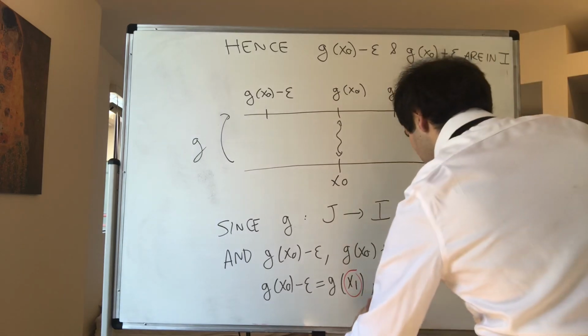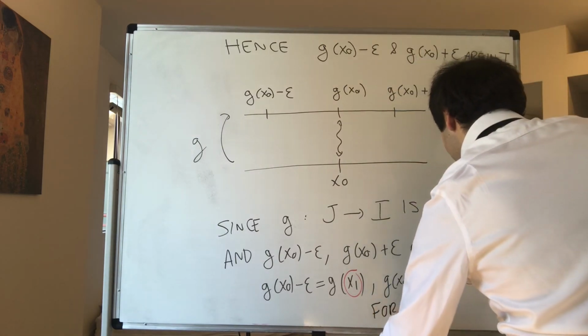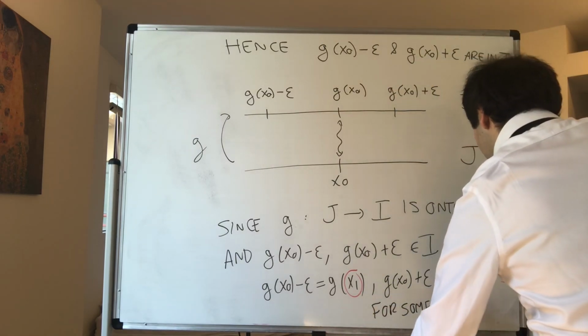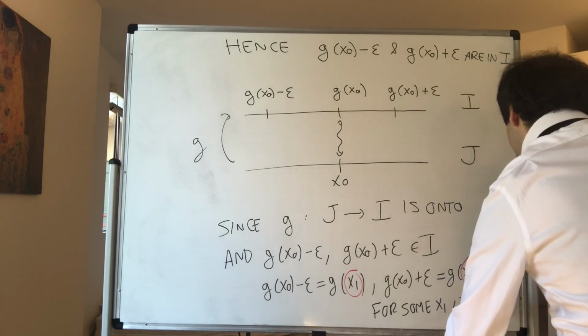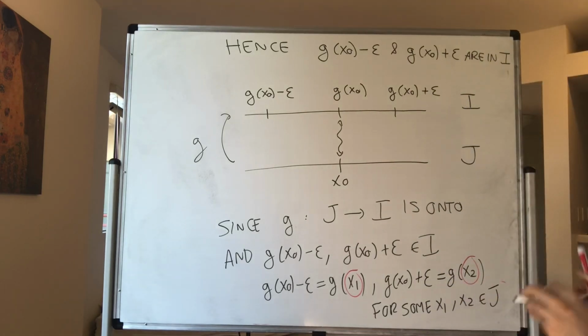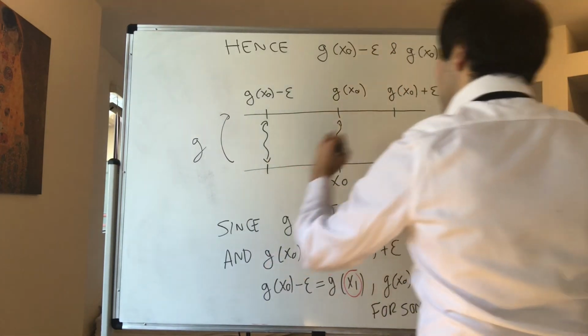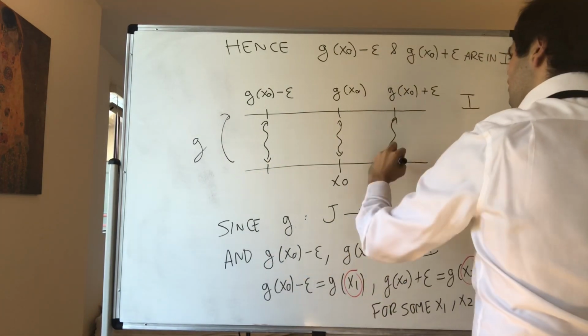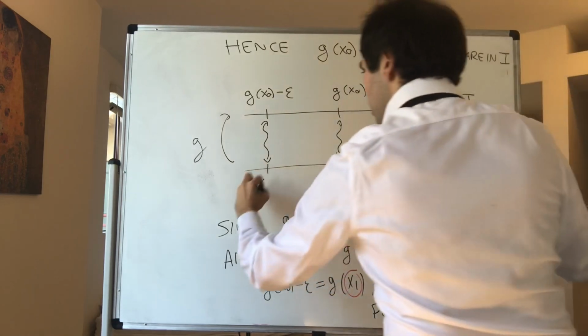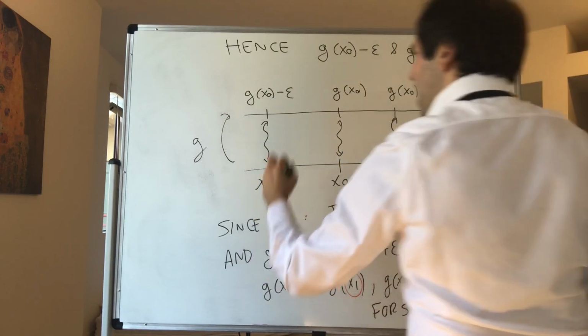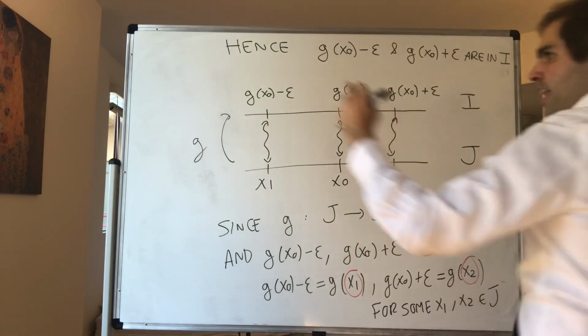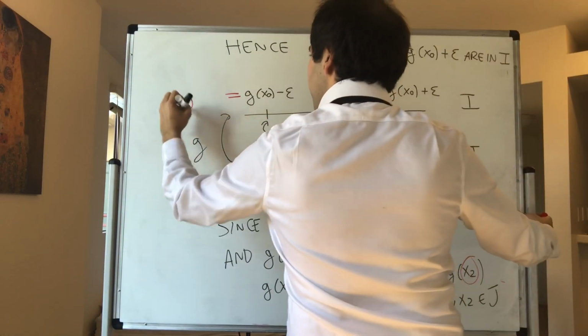So for some x1 and x2 in J. In other words, there are some x1 and x2 here such that g of x0 minus epsilon is g of something.